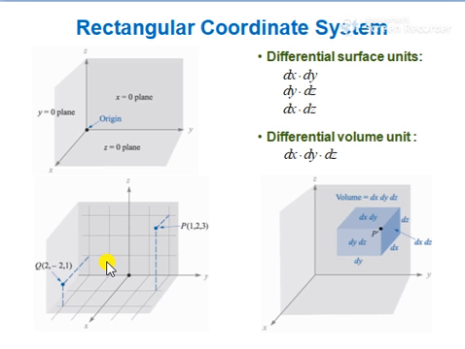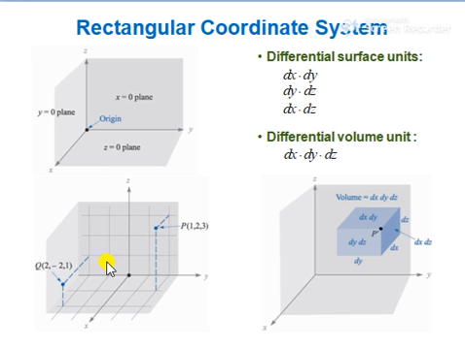For example, if we take the planes x equal to 3, y equal to -1 and z equal to 2, then if you intersect all these planes, they have a common intersection point, which is the point represented in the Cartesian system. This is another way of representing a point in the Cartesian system.